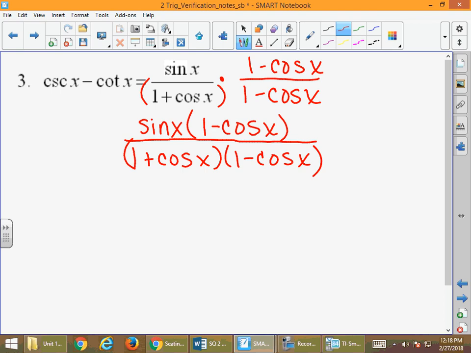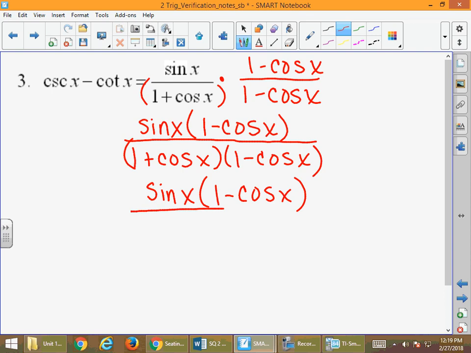And what I'm going to recommend to you is to not multiply the top of the fraction together here until we get to a different point in the problem, because we may or may not need to. But what I do want to do is try to see what we can get in our denominator by multiplying by the conjugate, see if we can come up with a Pythagorean identity that can maybe help us with our problem. So I'm going to leave the numerator, the top of the fraction, alone.